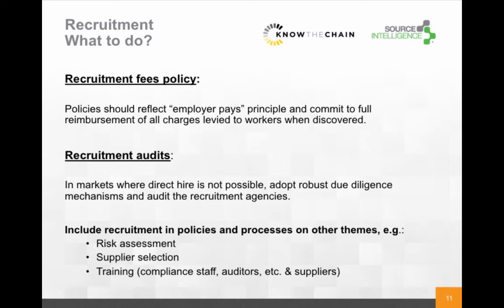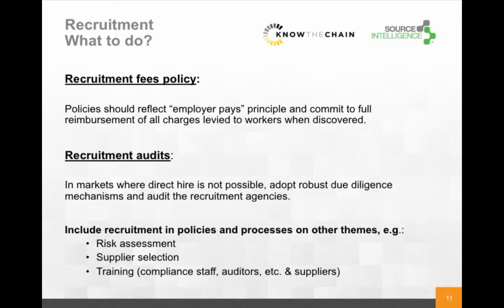Worker fees, when charged, can create potential risk of an individual falling into a situation of forced labor. So we would encourage a company either to fully implement a recruitment fees policy where they would ensure that employees aren't paying the fee, but employers are paying, or at least develop a process and principle around what constitutes a fair fee charge.